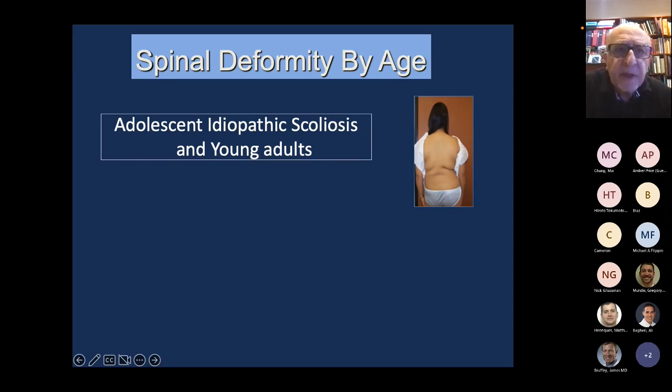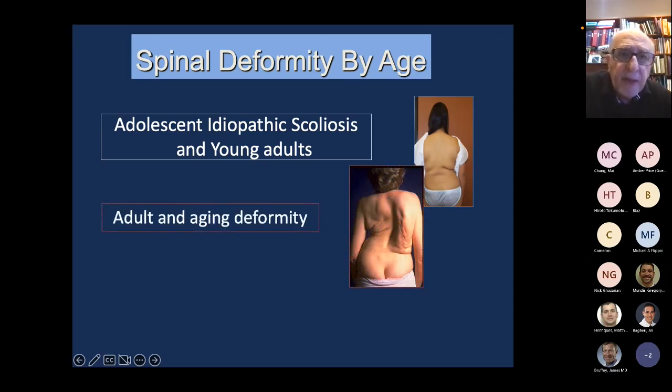Deformity is basically divided by age into about three categories. Adults and AIS have been the focus of spinal deformity from the beginning, and the Scoliosis Research Society was formed on the basis of dealing with AIS, and that occupied the discussions, research, and education for many years.